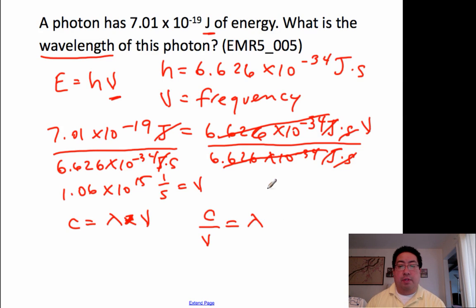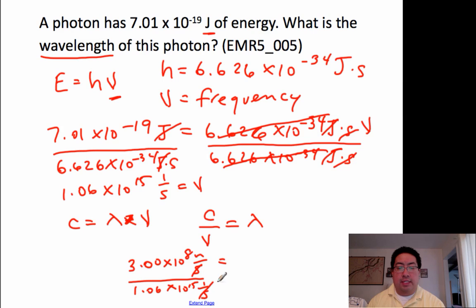Okay, so remember C is a constant, right? And so remember that's going to be equal to 3.00 times 10 to the 8th. So here we go. This is equal to 3.00 times 10 to the 8th meters per second divided by 1.06 times 10 to the 15th 1 over seconds, so 1 over seconds cancels, and this equals lambda, and when we divide this out we get a number.